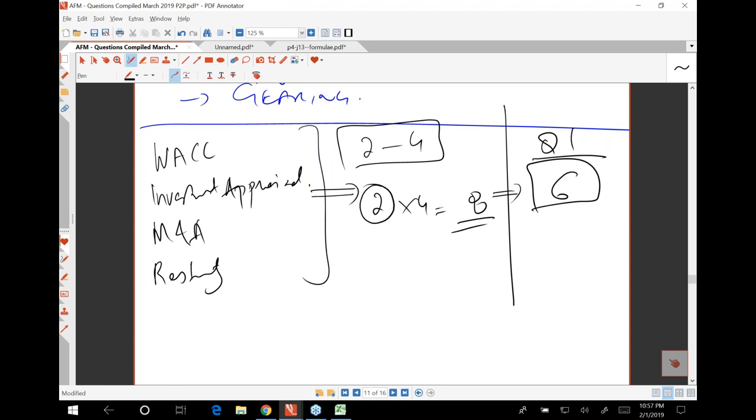Usually the past paper questions which are there with these 4 areas, which are the WAC, investment appraisal, merger acquisition, restructuring, have these 4 topics tested in tandem. They are tested together.